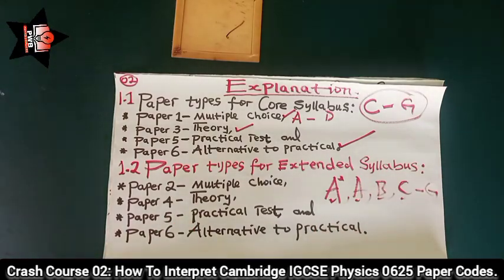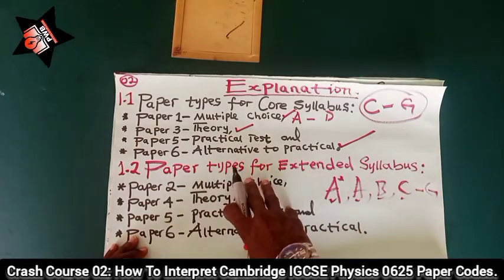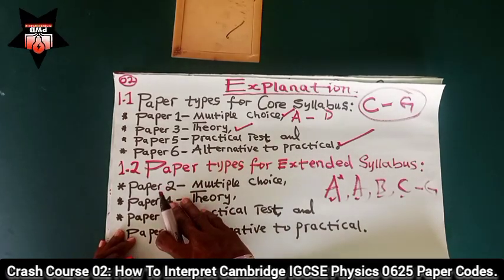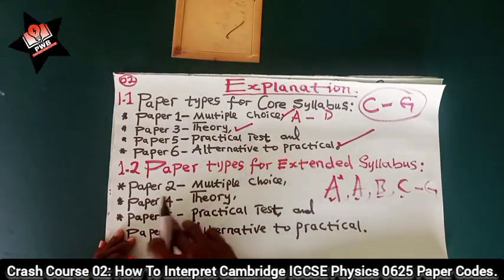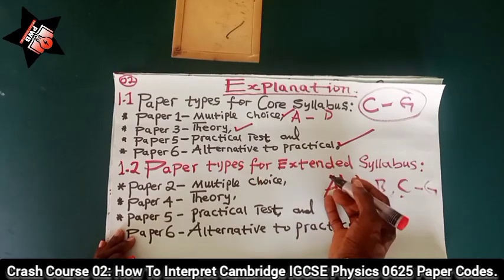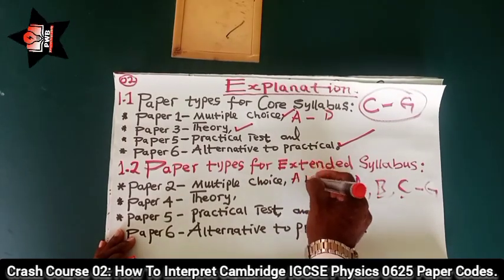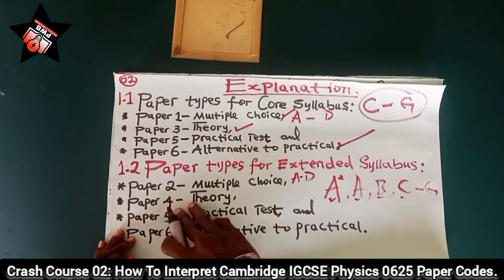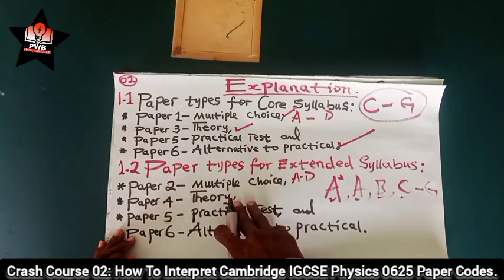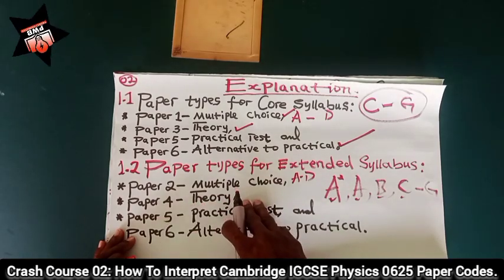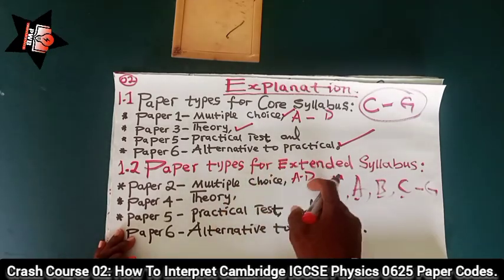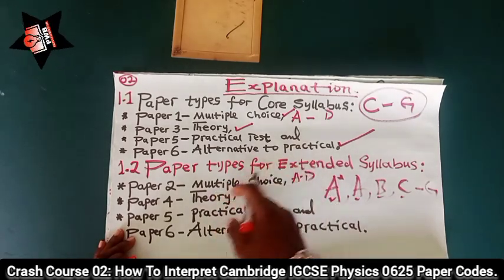Good. Now, for the paper types for extended syllabus, you have paper 2. Here, paper 2 is the multiple choice, with options A to D. Paper 4 is the theory. Here too, the theory may sometimes be question 1 to 12, question 1 to 11, or question 1 to 9.